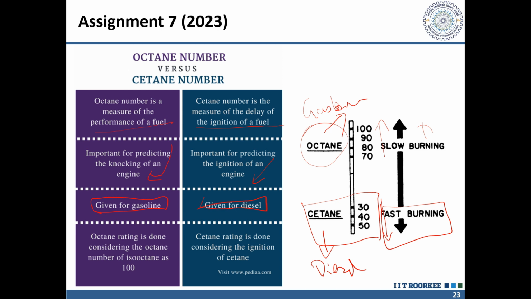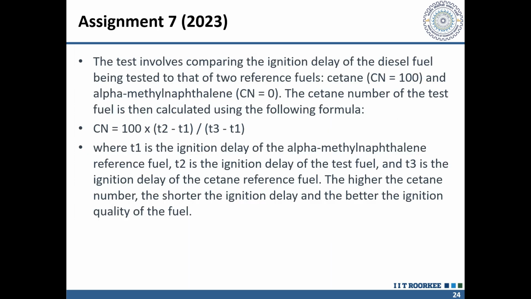While octane rating is done considering the octane number of isooctane is 100, cetane rating is done considering the ignition of cetane. So there's a very simple method and simple formula to calculate the cetane number.